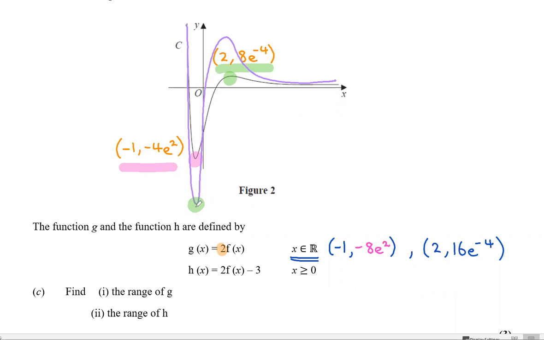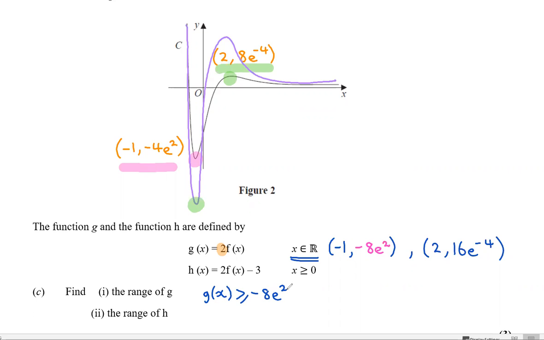Okay, so for the range of g, we can see that g of x would have to be greater than or equal to that first minimum, which is -8e squared. Okay, so that would be the range.